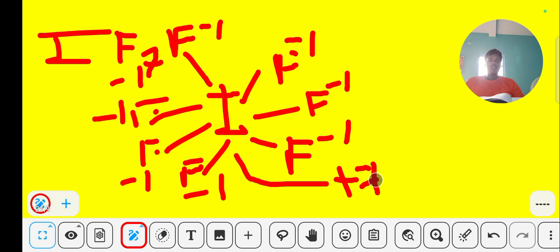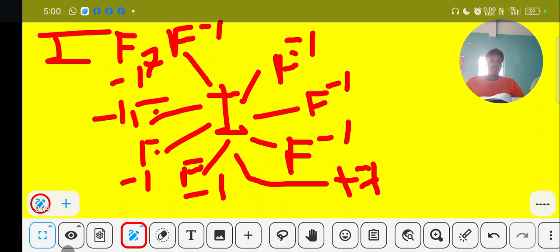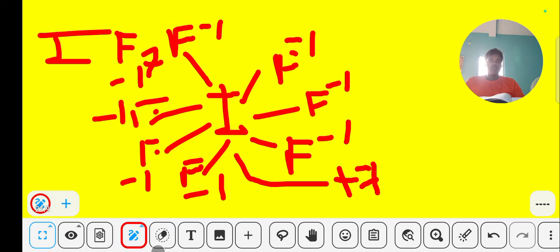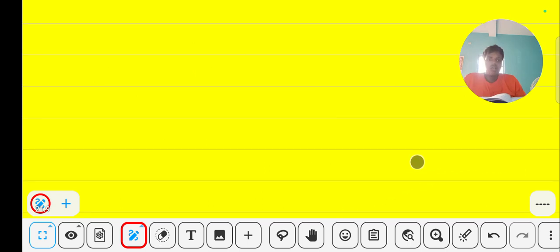Now let's discuss some problems related to solving oxidation numbers. Let's take an example like the sulfate ion, SO4 2 minus.